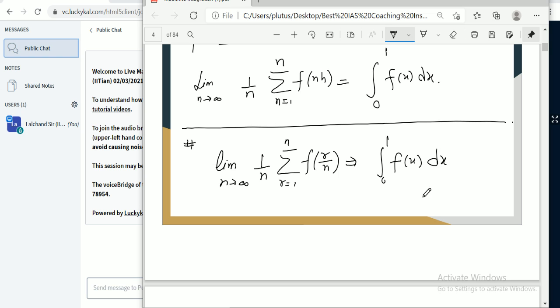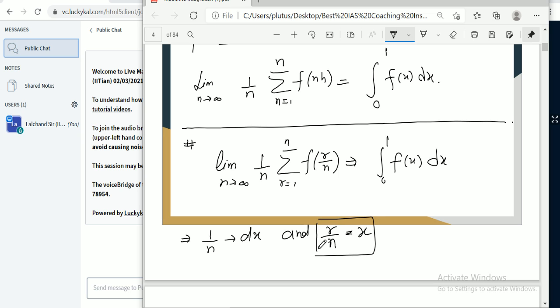How do we convert it? We need to substitute 1 by n as dx and r by n as x.